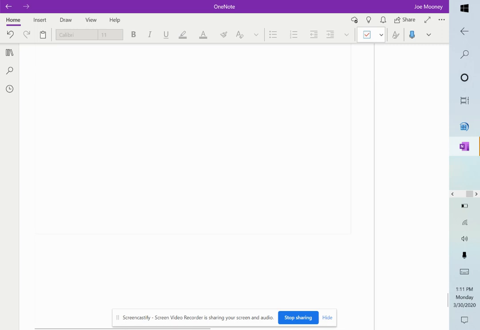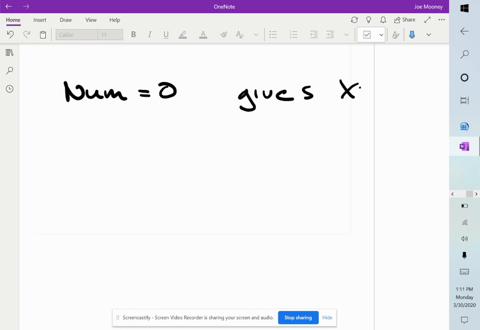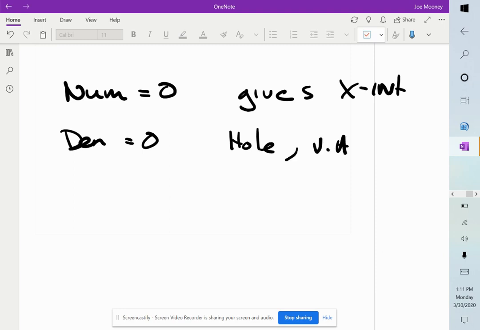So I'm going to set 2x squared plus 2, which is the numerator, equal to 0. Subtract 2, divided by 2. So x squared is equal to -2 divided by 2, which is -1.